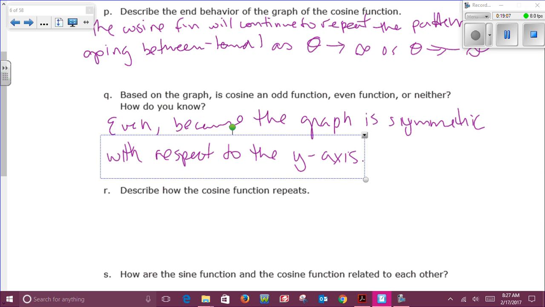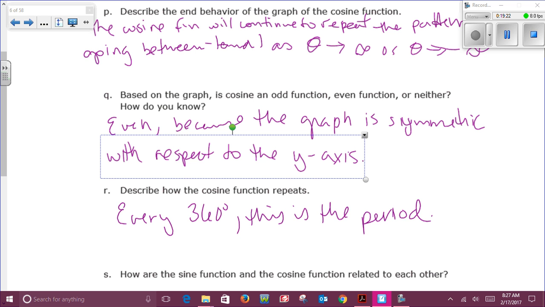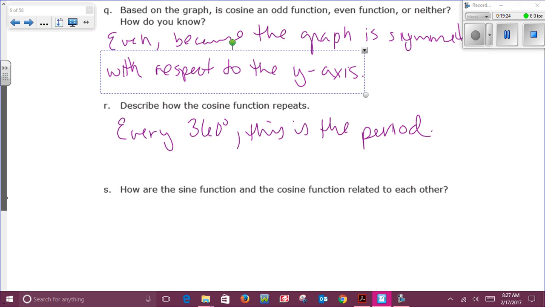Describe how the cosine function repeats, and it would be every 360 degrees, and this is the period, how long it takes to complete one cycle.